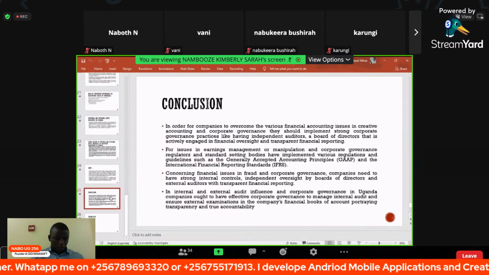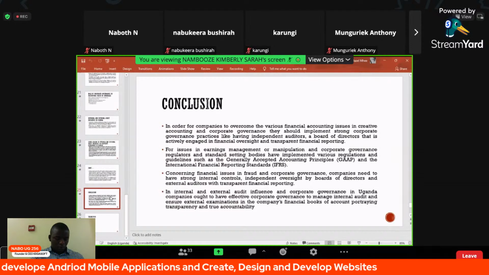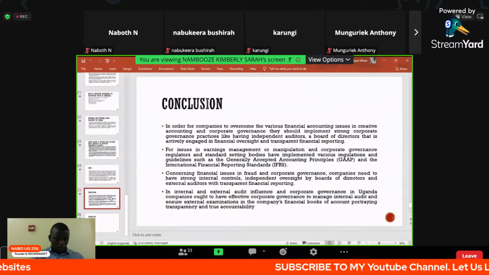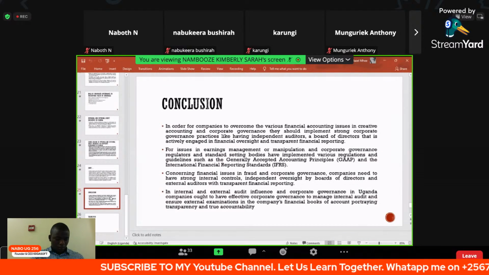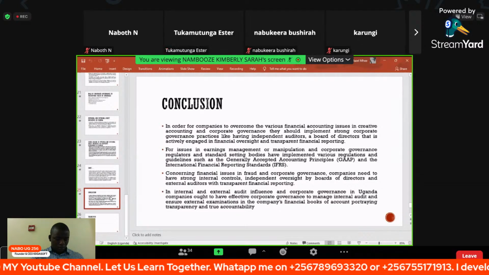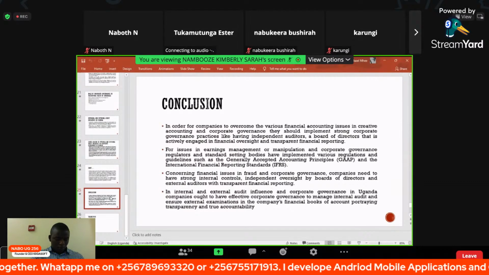For issues in earnings management or manipulation and corporate governance, regulators and standard-setting bodies have implemented various regulations and guidelines such as GAAP, the Generally Accepted Accounting Principles, and the International Financial Reporting Standards. Concerning financial accounting issues in fraud and corporate governance, companies need to have strong internal controls, independent oversight by boards of directors and external auditors, with transparent financial reporting.